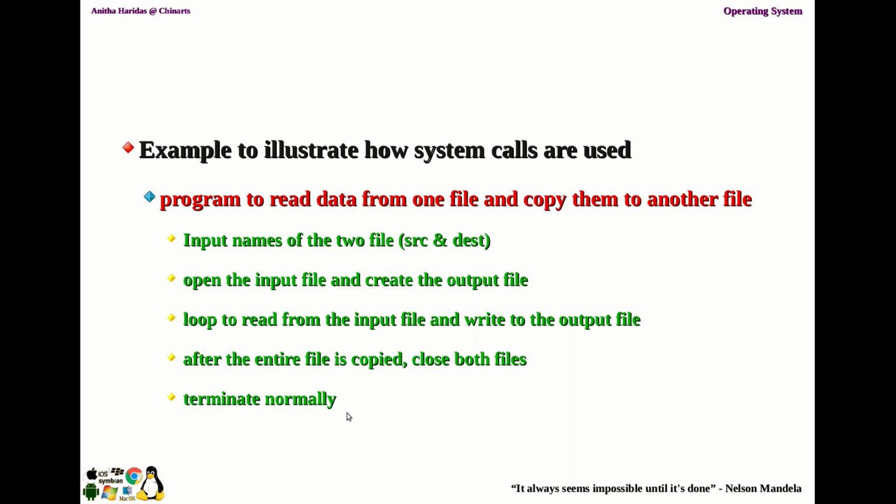Then terminating normally, program execution. We had seen program execution is one of the services of the operating system. It will start your program, it will terminate your program, all these services will be provided. So for terminating, again you need the support of a system call, right?